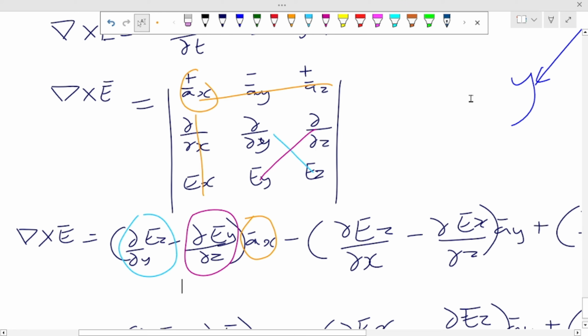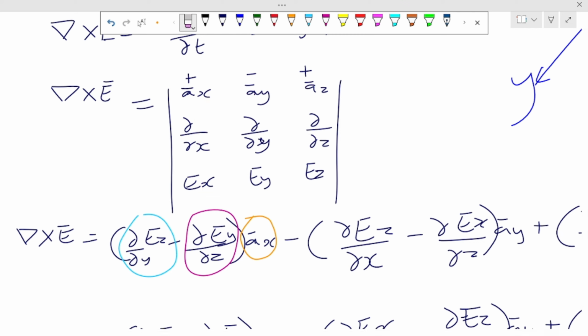Clear, right? So when you do that, of course you put this EX here, accomplished. Then you put this minus sign, you place it here, and you repeat the process.